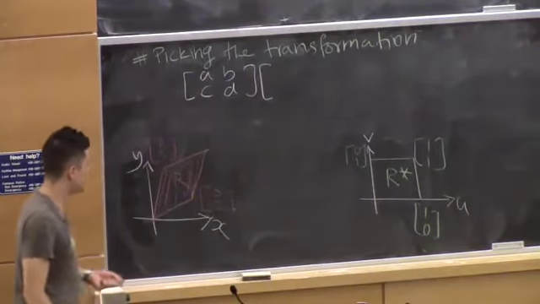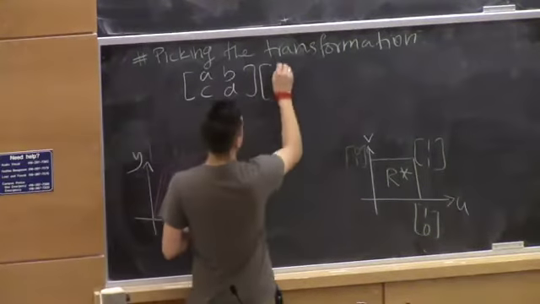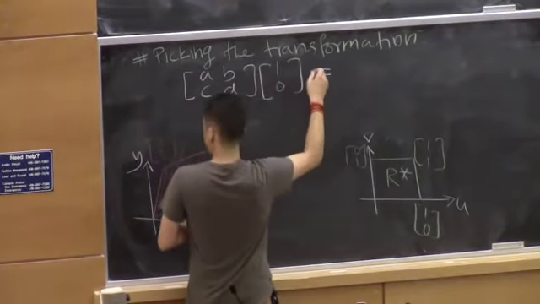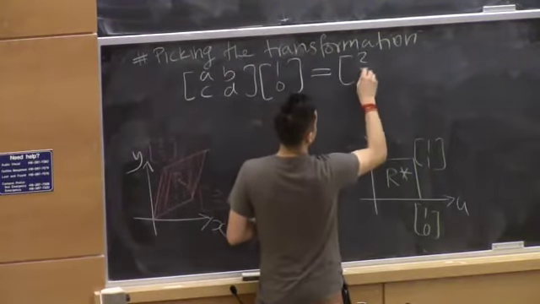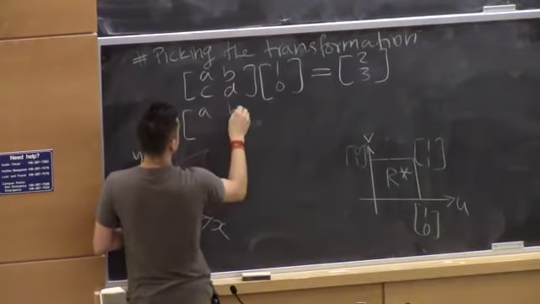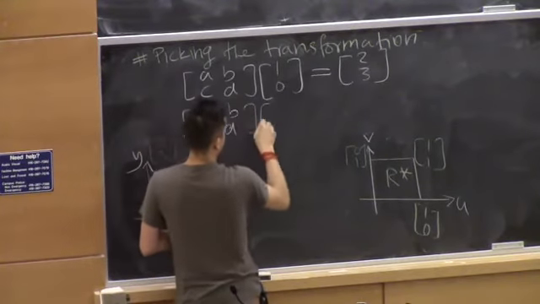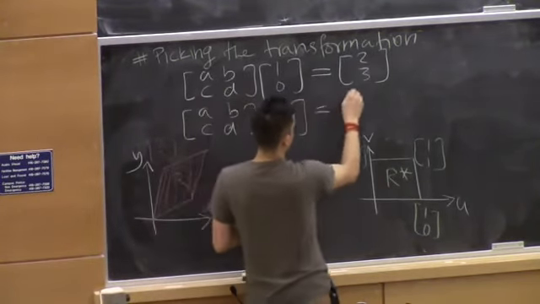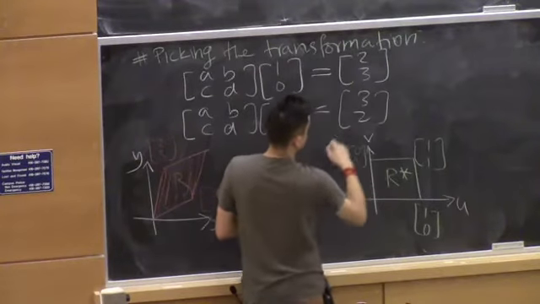We're going to send 1, 0 to 2, 3. And we're going to send the other vector to 3, 2.